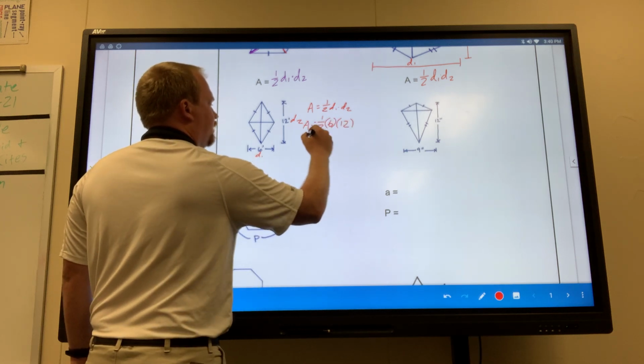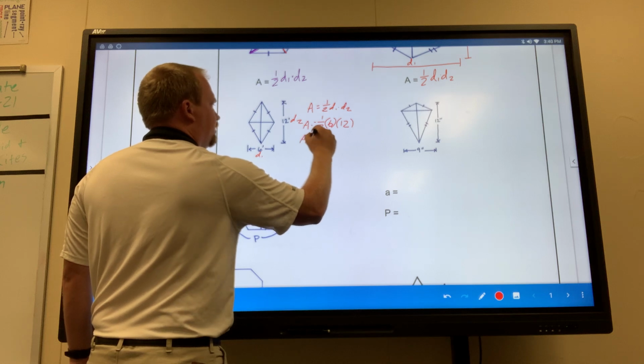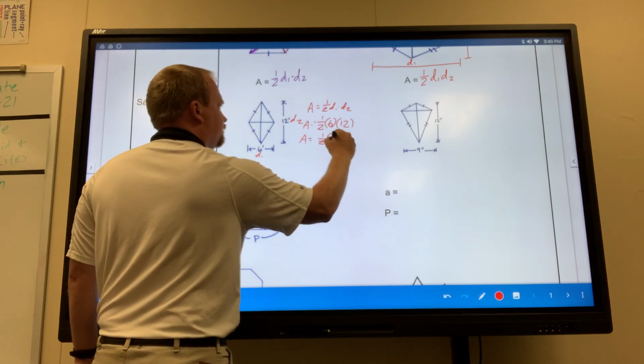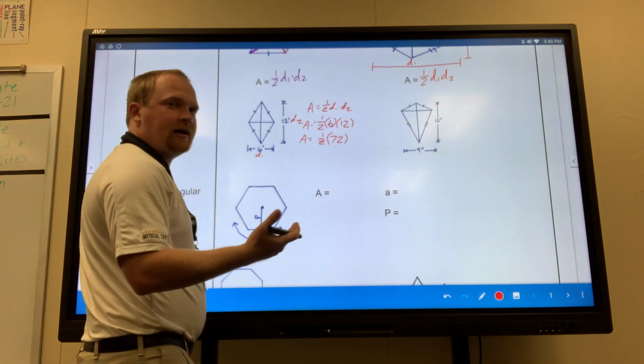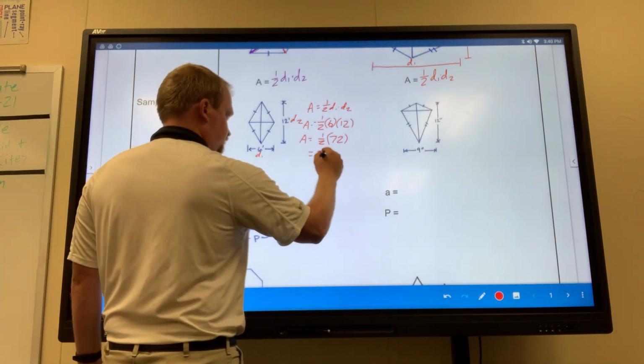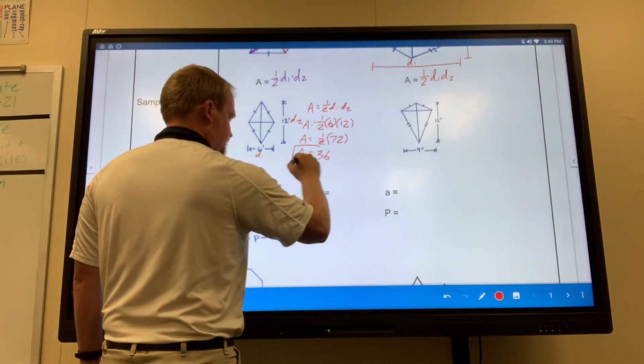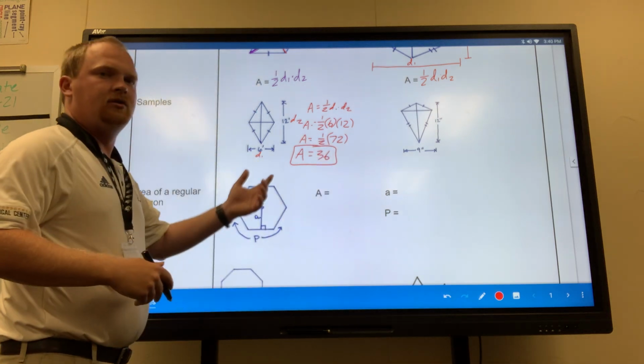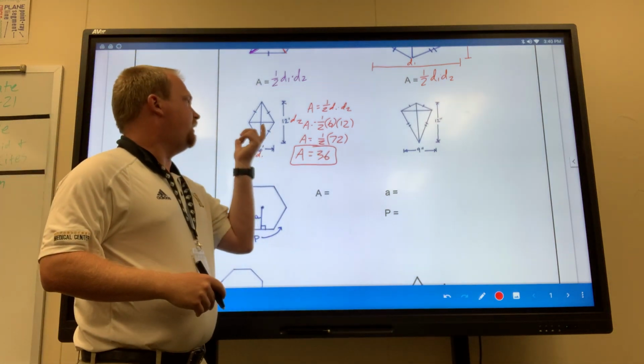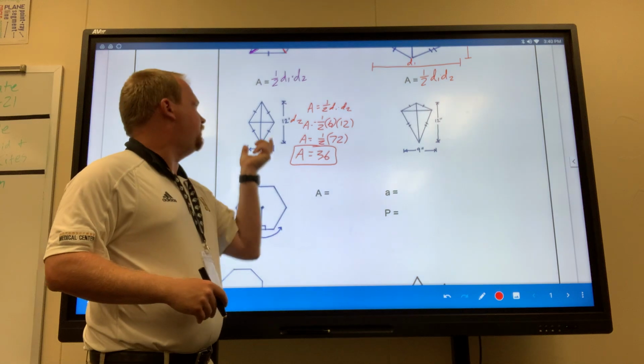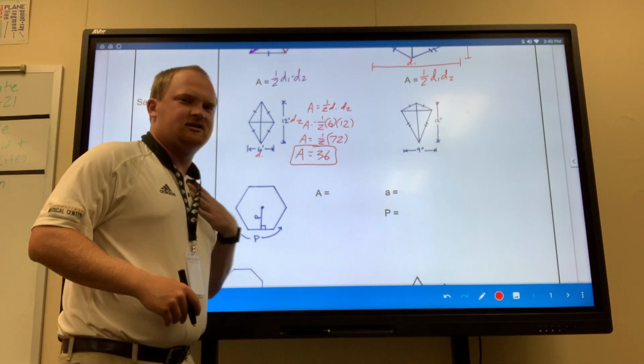Well, 6 times 12, I know that to be 72. And 1/2 of 72 gives me 36. Okay? So the area of this rhombus right here is 36.